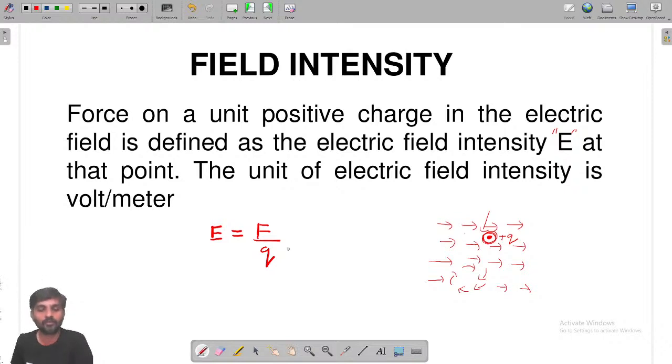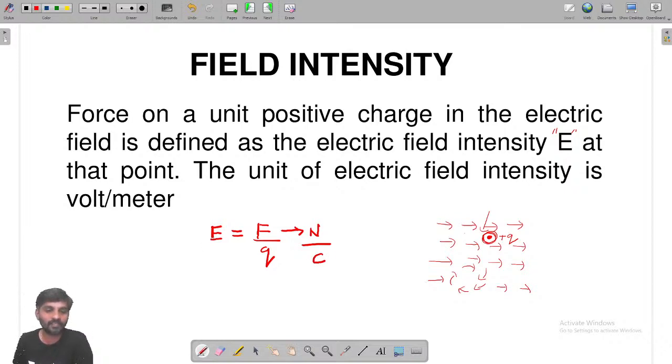What would be the units? Generally, the unit for force is newtons, and the unit for charge is coulombs.